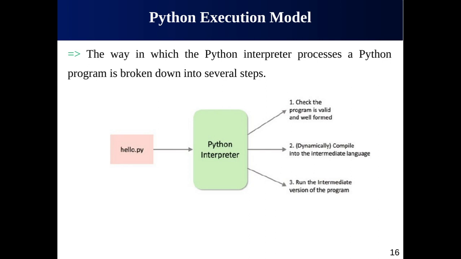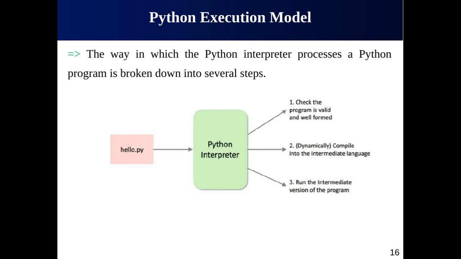That is, a check is made that the program follows all the rules of the language and that each of the commands and operations is understood by the Python environment. So this happens in step number 1. In step number 2, it translates the plain text that you have written in English-like commands into a more concise intermediate format that is easier to execute on a computer.